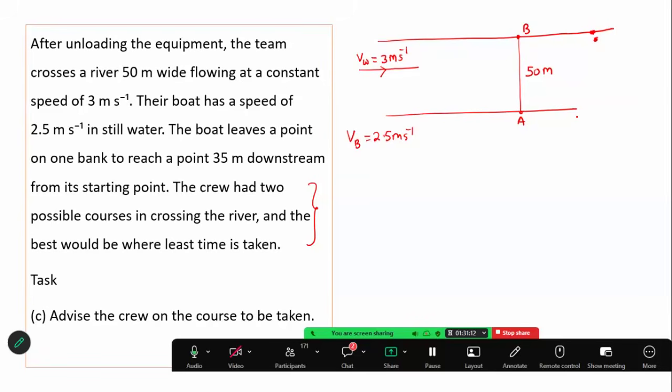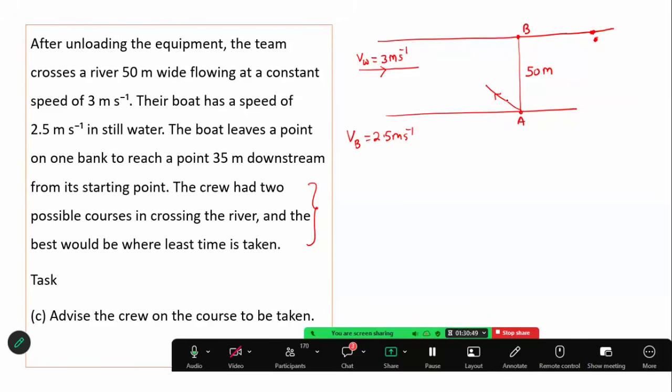So what do you do? For this particular case, we can come up with a simple sketch. We are going to have our angle theta, and then we are going to resolve it.